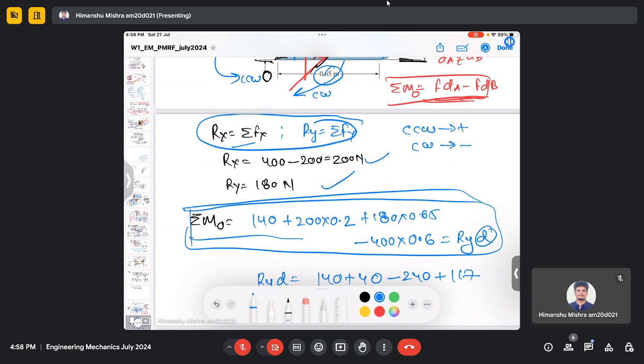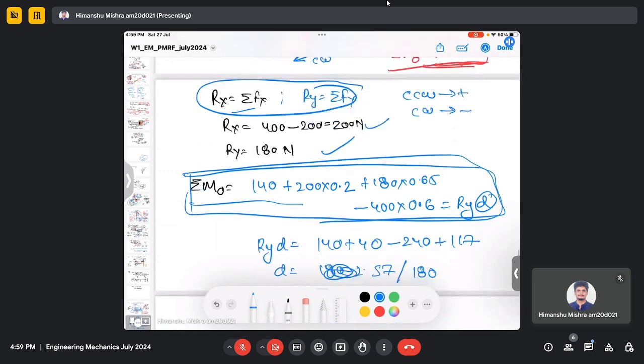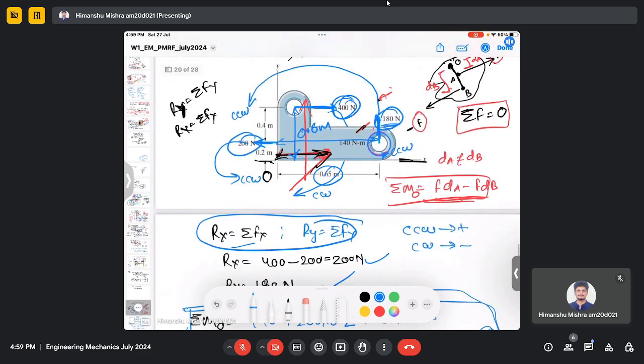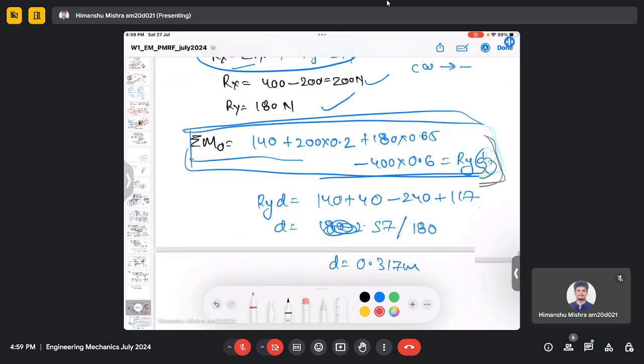Then we use the moment equation, Varignon's theorem, which says that the sum of moments at point O is due to all the moments, and we calculate the moment from each force here. Every force is contributing to the moment, plus there is one couple also acting in the counterclockwise direction.